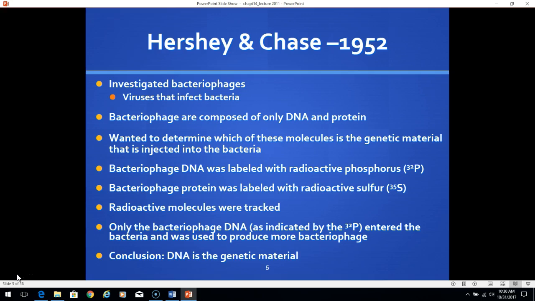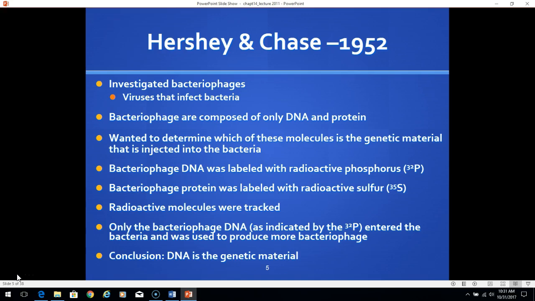So scientists at the time could not wrap their head around the fact that a molecule made up of only 4 nucleotides was actually controlling all the genetics on Earth. They really wanted to see that it was the proteins that were responsible for genetic information, because 20 amino acids gave you a lot more to work with in terms of diversity. So this is what they were using this experiment for.